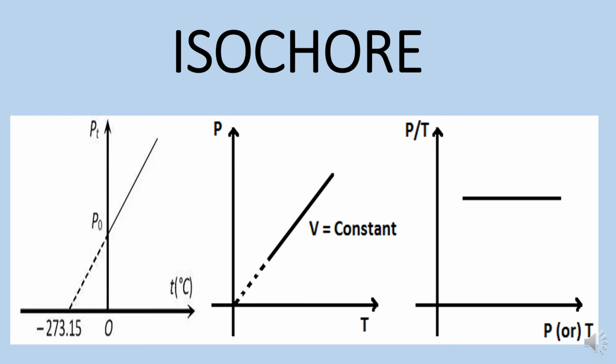So the curves obtained for pressure and temperature at fixed volume are called isochores, and they will be a straight line inclined towards the x-axis. And if we plot a curve between P over T and P or T, then it will be a straight line parallel to the x-axis.